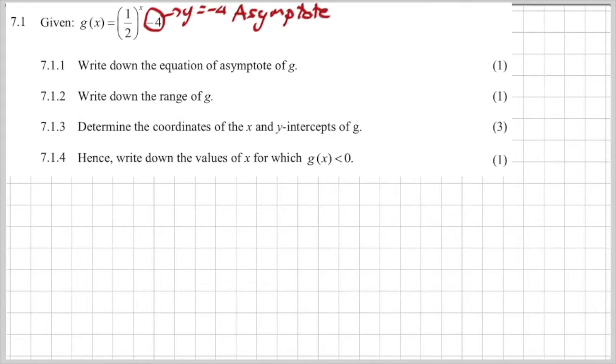First of all, there's a positive in front of that half, which means, again, if I've got my asymptote, my graph is going to lie above my asymptote. But now this half, very important. The half is between 0 and 1. Therefore, my graph has to slope towards my asymptote.